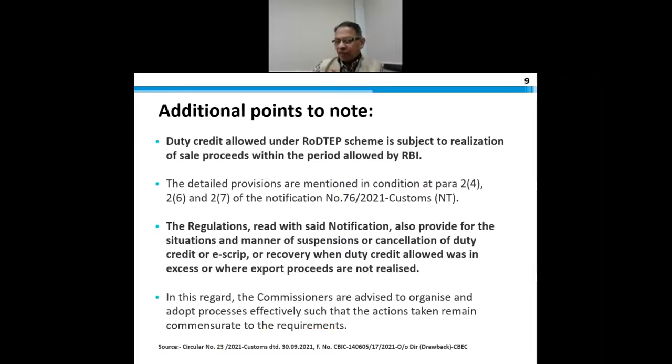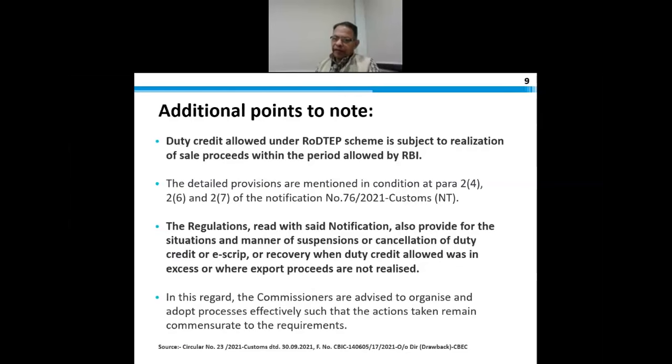Now, there are some additional points that we must note, and this comes out of Circular 23/2021. Duty credit allowed under the RoDTEP scheme is subject to realization of sale proceeds within the period allowed by RBI.